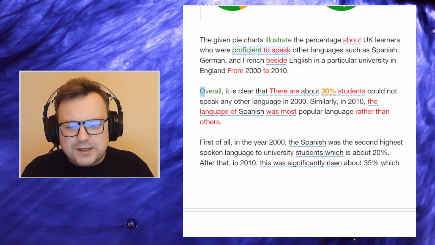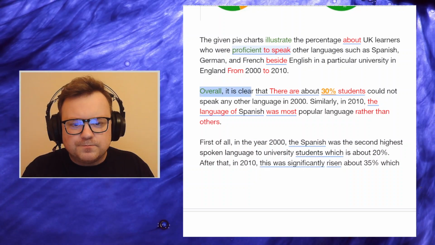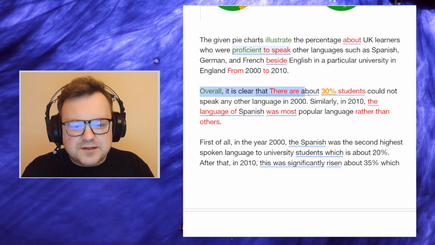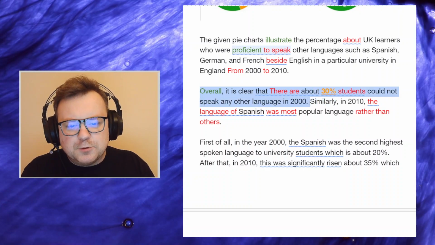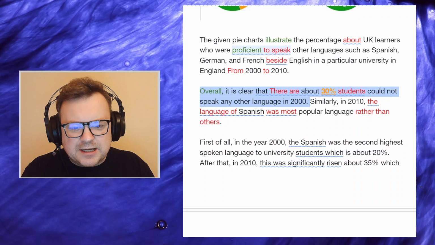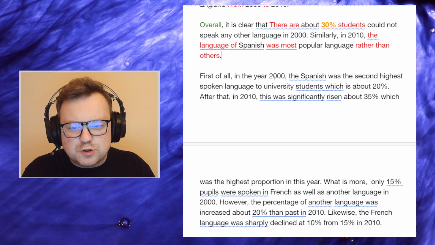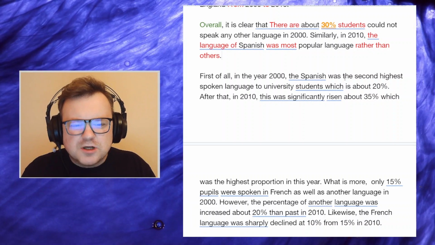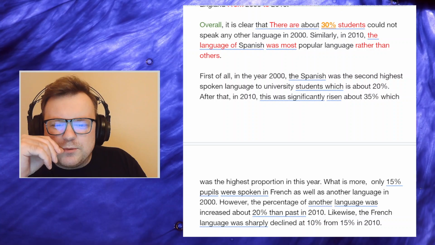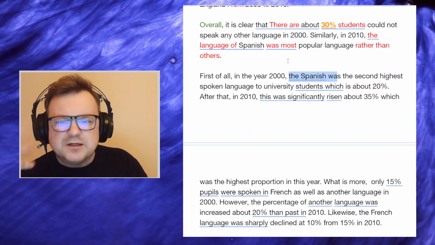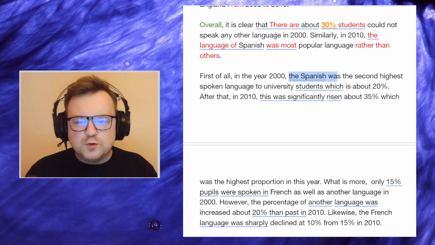Okay, now we should get details. So I'm hoping we get details about the people who couldn't speak any other language. First of all, in the year 2000, the Spanish... So I don't know why we're giving details on the Spanish language. For me, this is bad flow of the text.